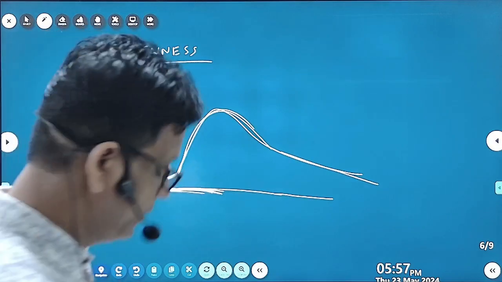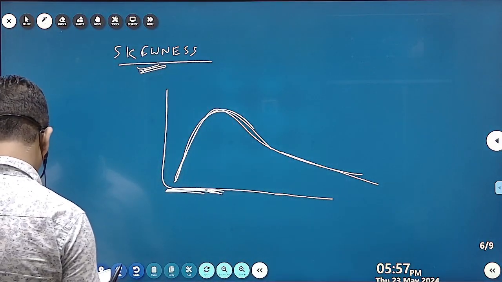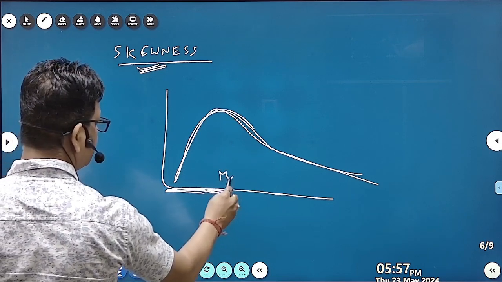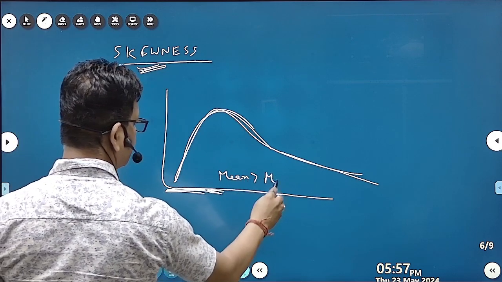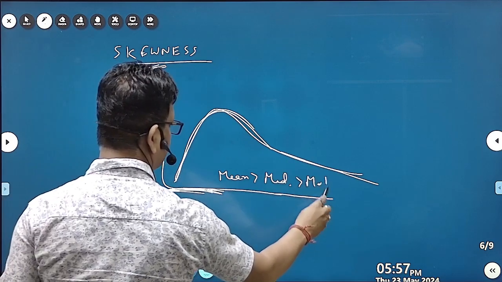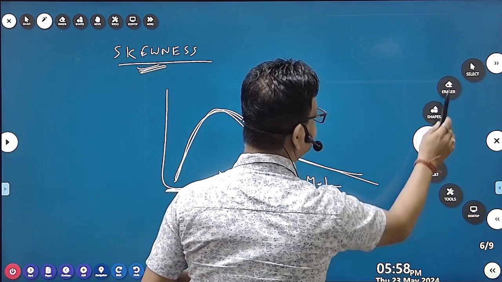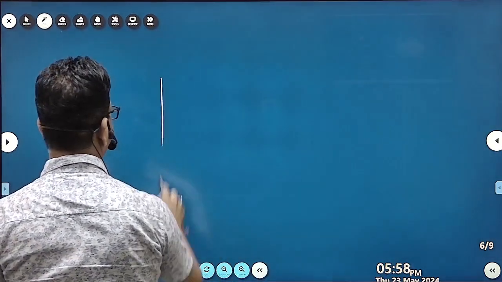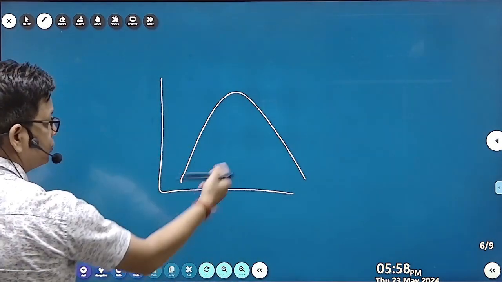Done? So this is positively skewed. Now, if it is like this, it is completely symmetric, so no skewness.